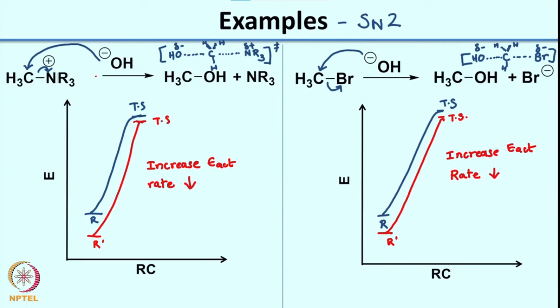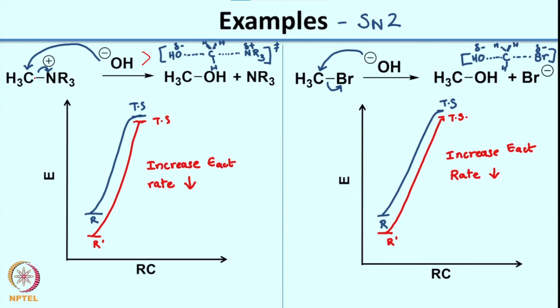So both the species are charged, and the transition state has a dispersed charge compared to the starting material and nucleophile. So the transition state is the less charged species. That means the polarity of the solvent will affect more.